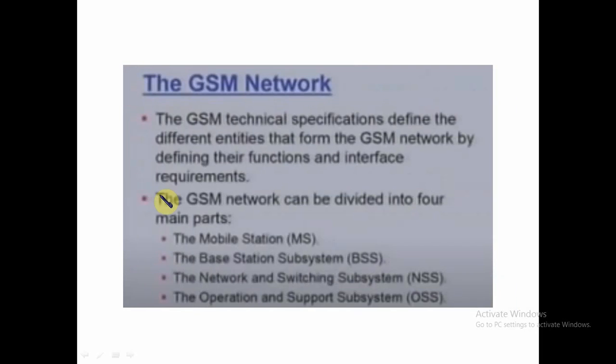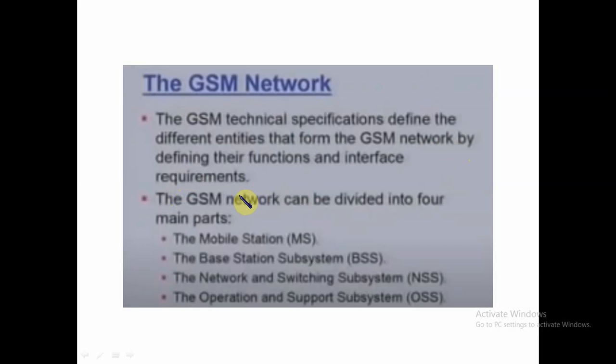The GSM technical specifications define the different entities that form the GSM network by defining their functions and interface requirements.